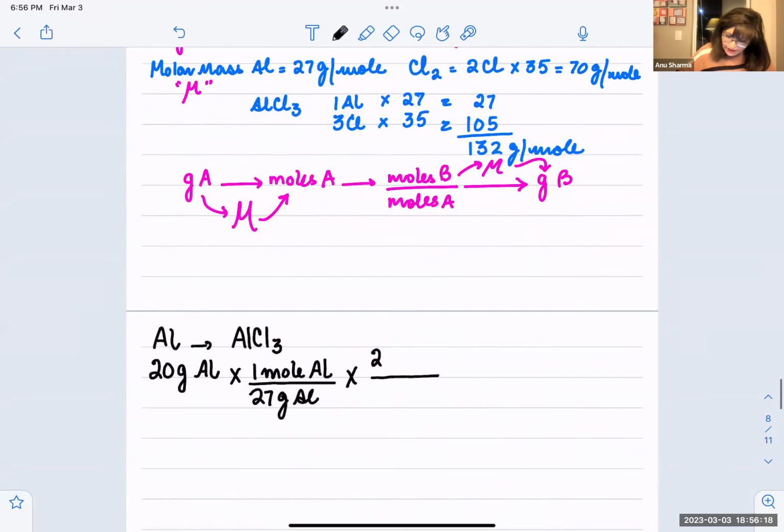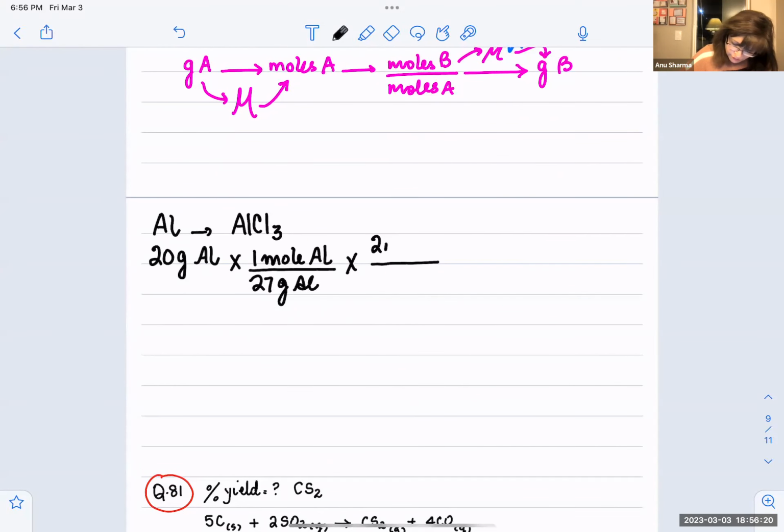So it's 1 to 1, but you should still write down what you have. So 2 moles of AlCl3, and that is coming from the reaction, and 2 moles of Al. Okay, next, the grams.